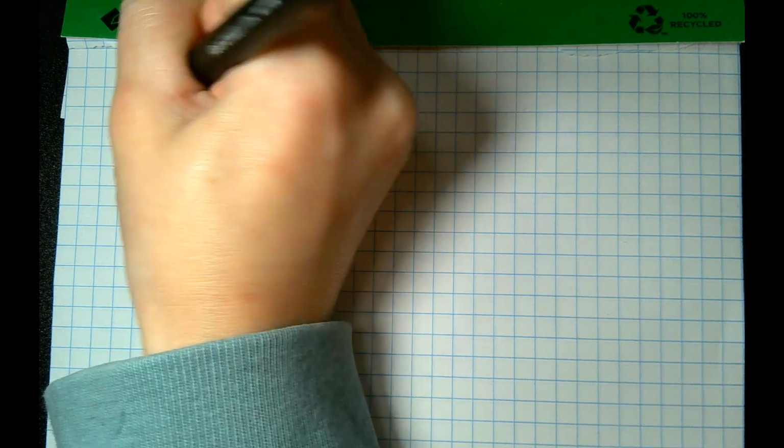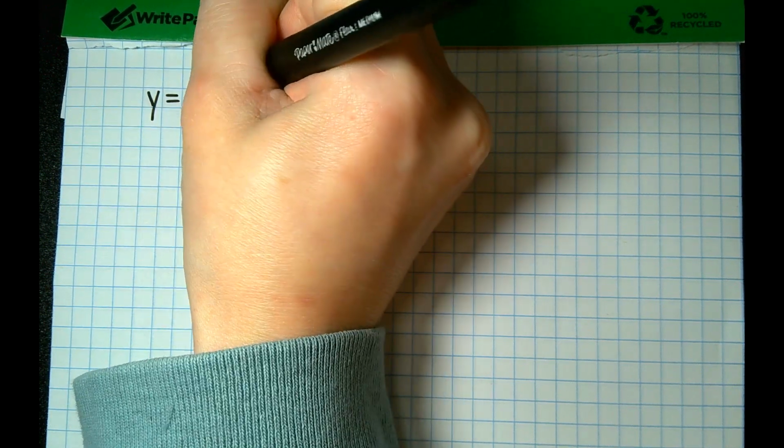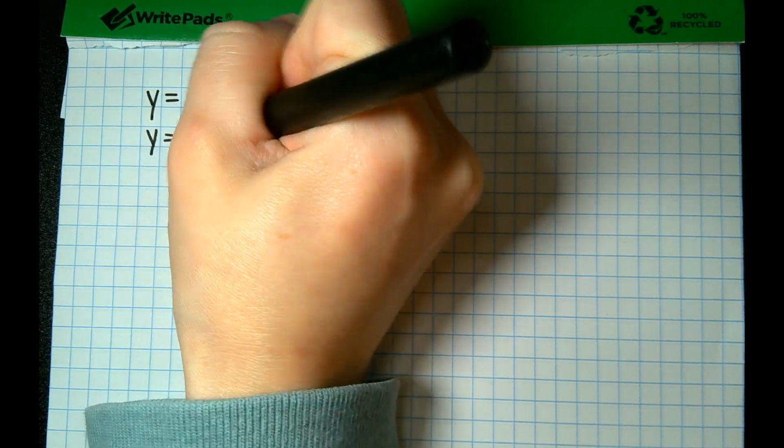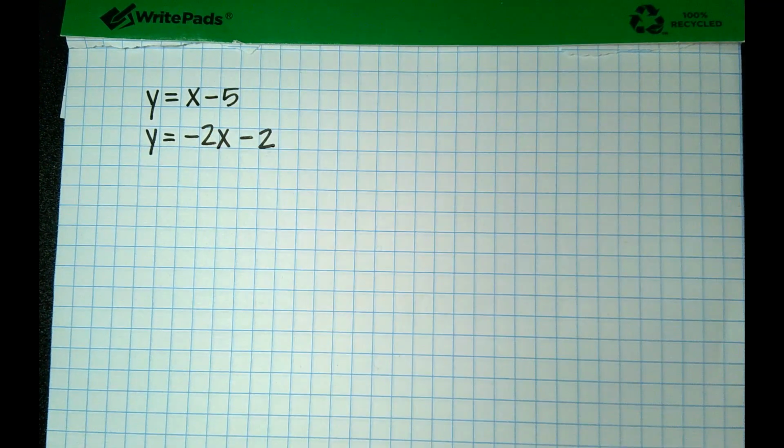Okay, so here's my graph paper. Let me find one that has reasonable numbers. Let's do number 15, which is y equals x minus 5 and y equals negative 2x minus 2.